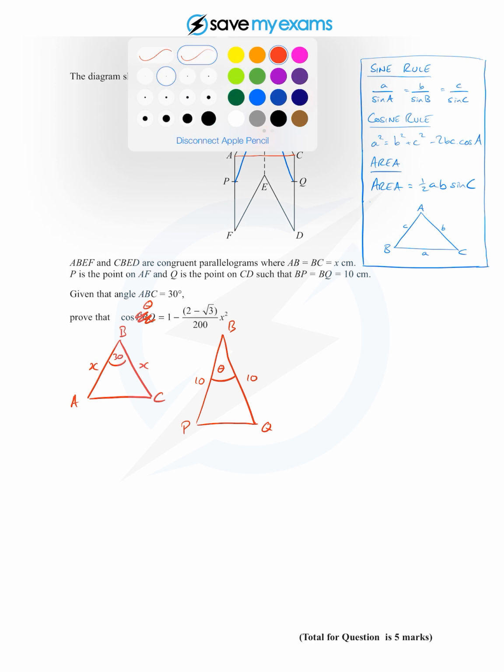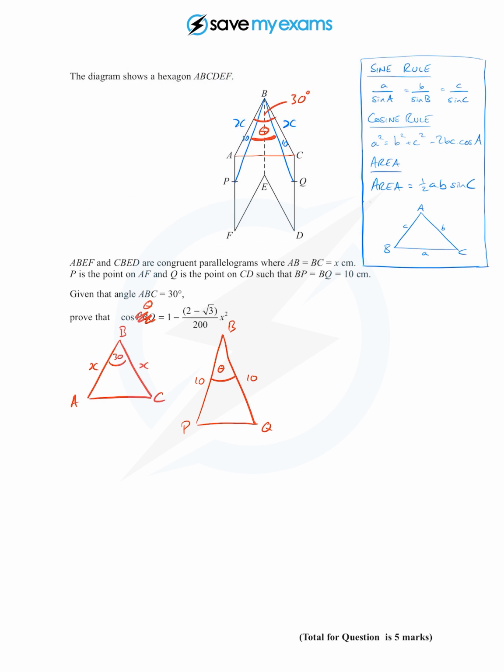Well, there must be something linking these two triangles, and sure enough, look, AC and PQ on my diagram, I didn't draw PQ in, but I could have done, are equal, because of course we've got parallelograms. So AF and CD are parallel, and those two sides I've just indicated, the two remaining highlighted ones, are equal.